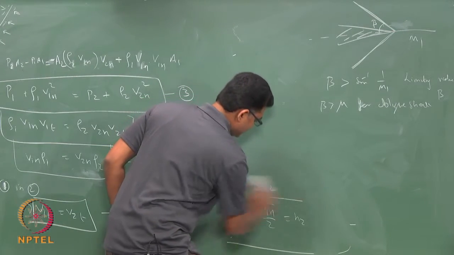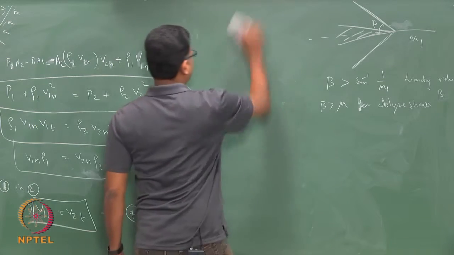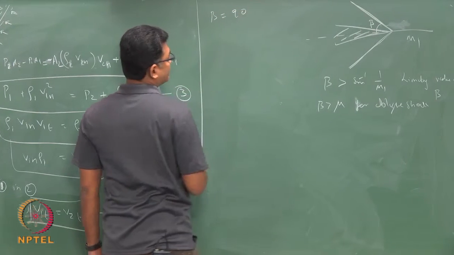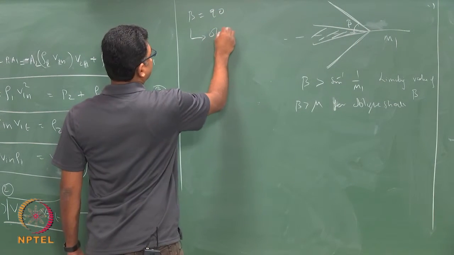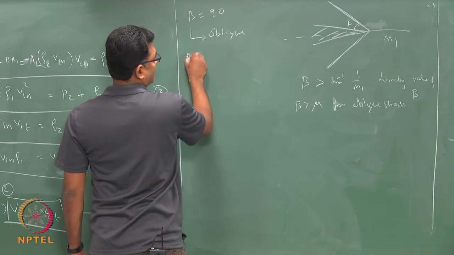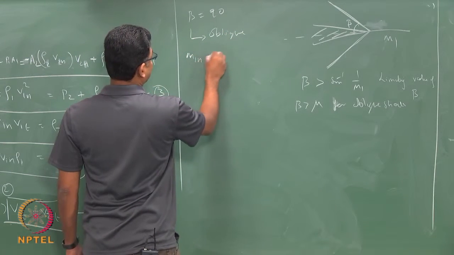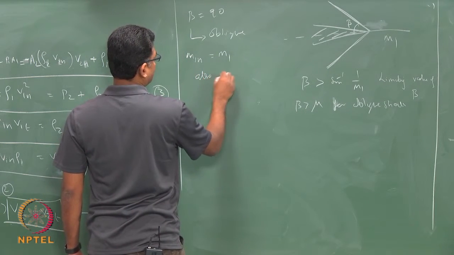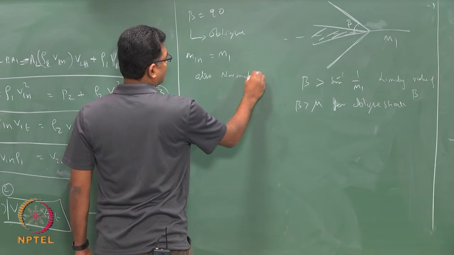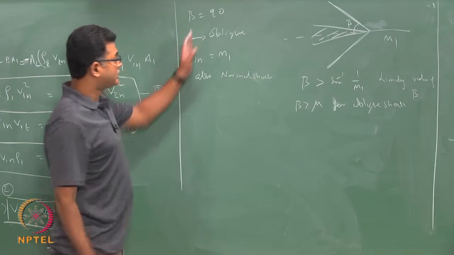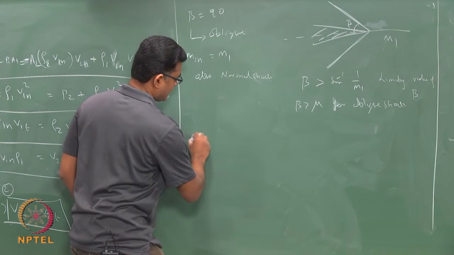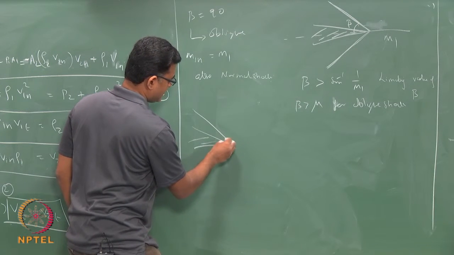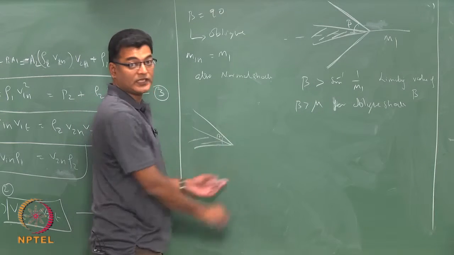The other limiting condition is when beta equals 90 degrees. So, when beta is 90 degrees, M1n is the same as your M1, and the oblique shock is also your normal shock. So, the oblique shock angle goes, for example if I have a shock here, from mu to 90 degrees.